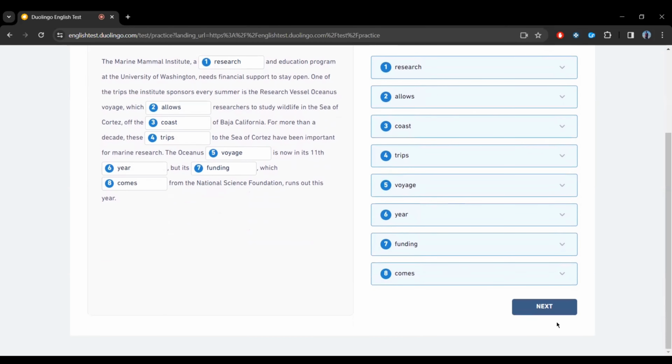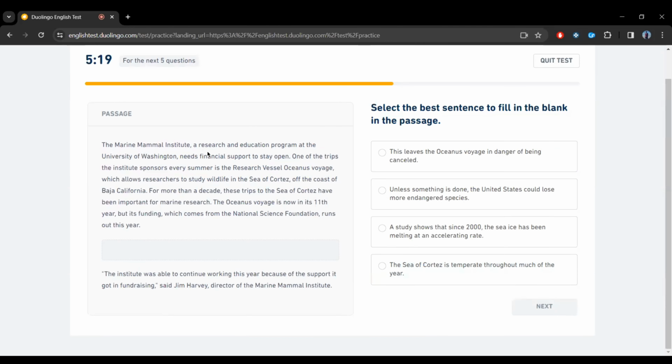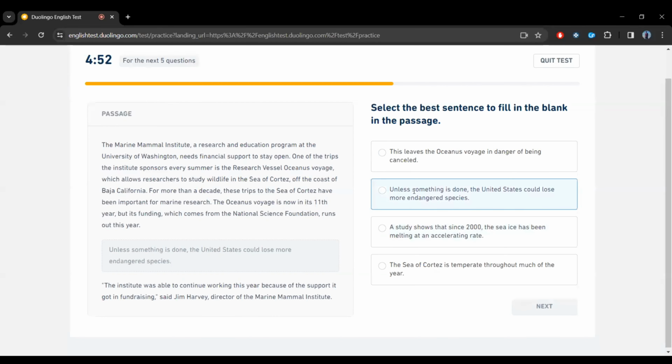The Marine Mammal Institute's research and education program. The institution was able to continue working this year because of its fundraising, said Jim Harvey. This leaves the ocean voyage in danger of being cancelled. Unless something is done, it will lose more advantages.